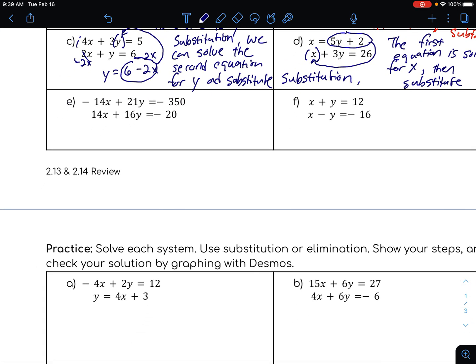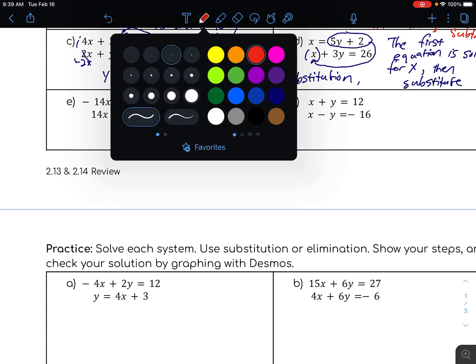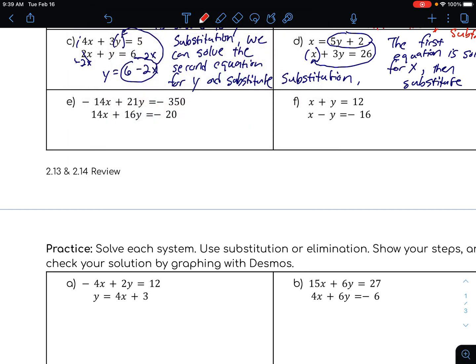All right, E. Are either of the equations solved for y or for x? In this case, neither of those are solved for y and for x, but we do have the elimination. We look at the x values here. We do notice they have the same coefficient, although one is a negative and one is a positive. And so in that case, we are going to get them to cancel out to eliminate the x values. We would add the equations together, and that would eliminate the x values.